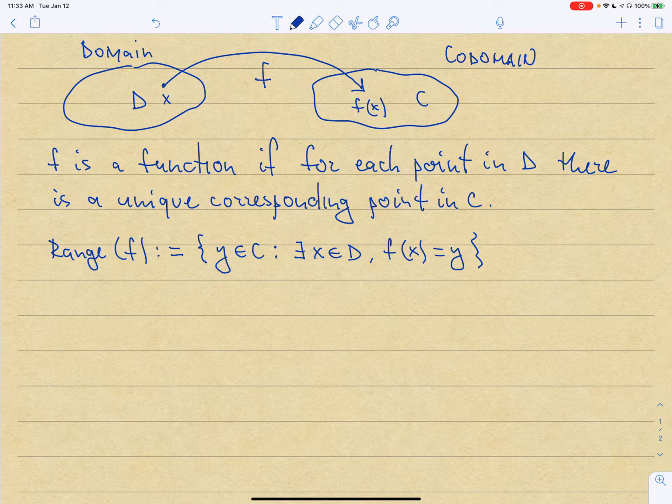So range of f then is going to be a subset of C. It doesn't have to be the entire set C itself.